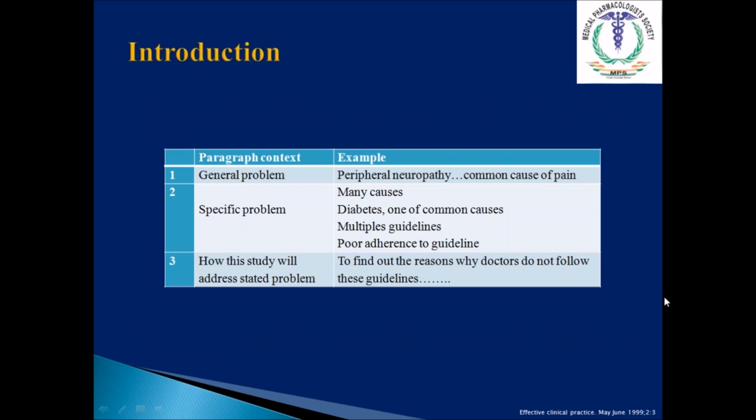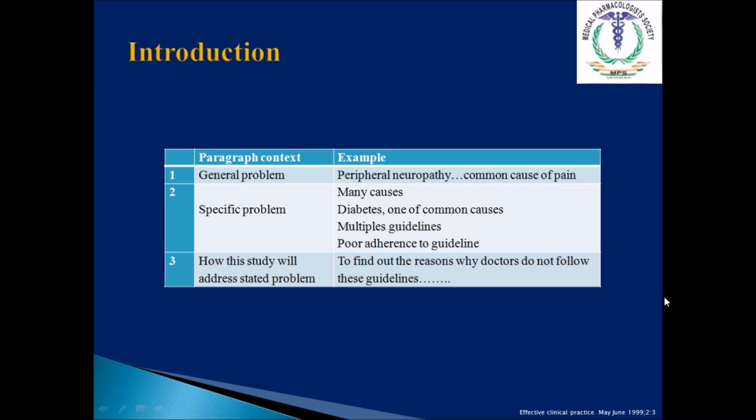Next. This is again a very broad guideline for how one can write an introduction. Say, for example, I want to write a paper where I have done a survey of a physician population, and I think that physicians are not practicing guidelines on a particular therapy.